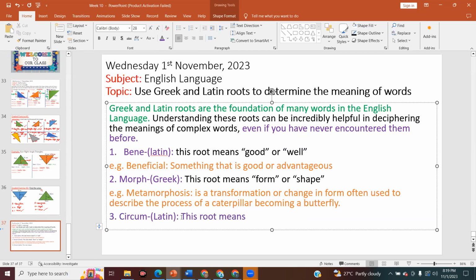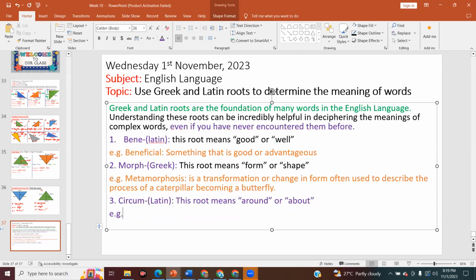What word comes to your mind when you think about circum? Circumference, very good. This root means around or about.